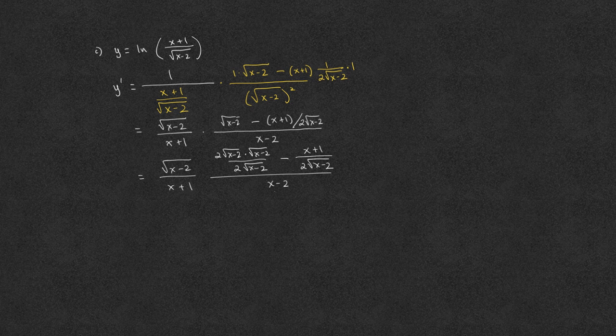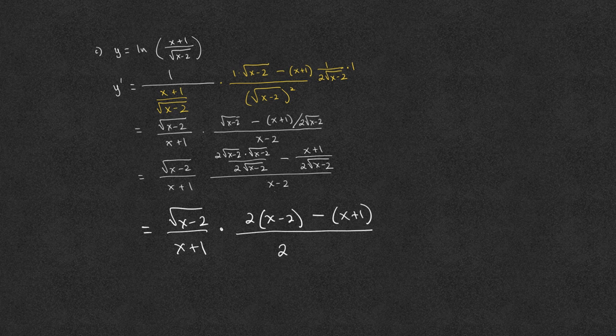And so this is the square root of x minus 2 over x plus 1 times 2 times root x minus 2 times root x minus 2 is 2x minus 4 minus x plus 1. We can subtract the numerators because they have the same denominator, 2 root x minus 2.